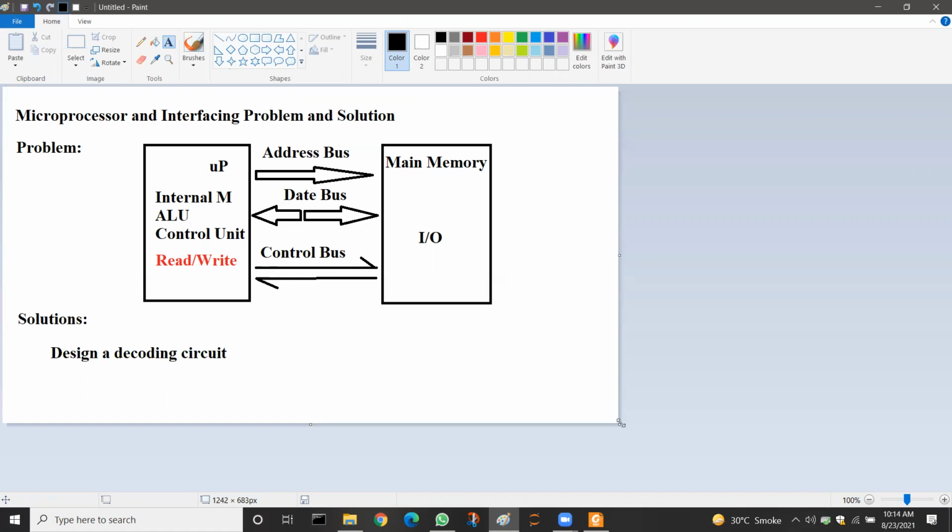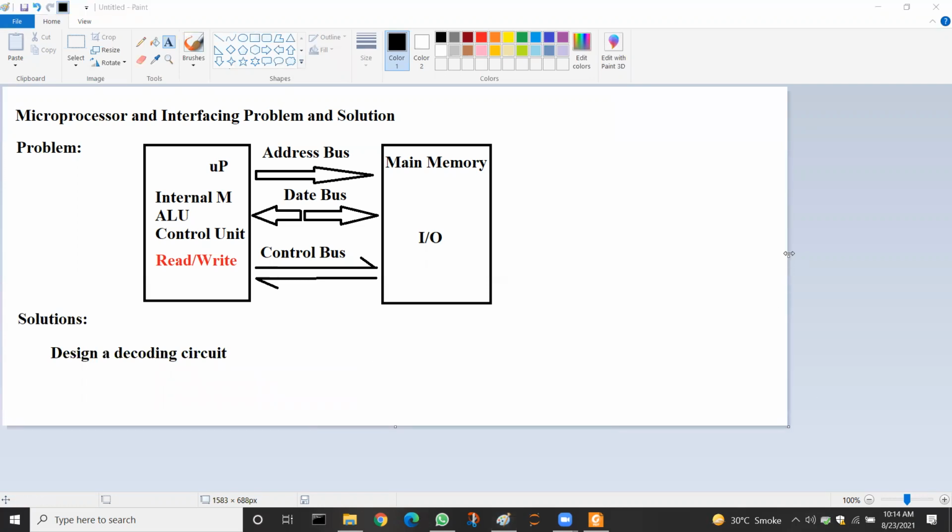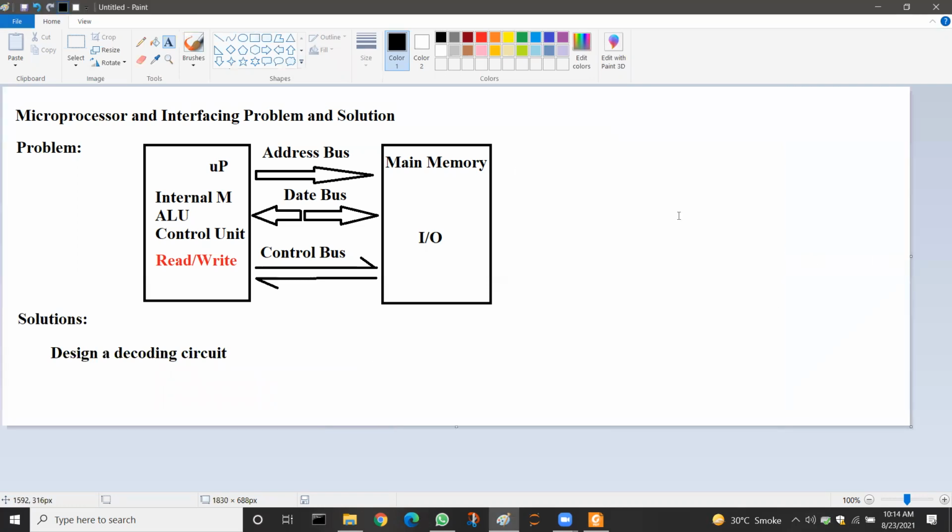If we show this in our diagram, I will make some adjustment in the diagram so we can discuss the solution.